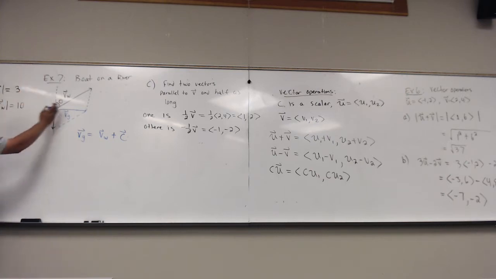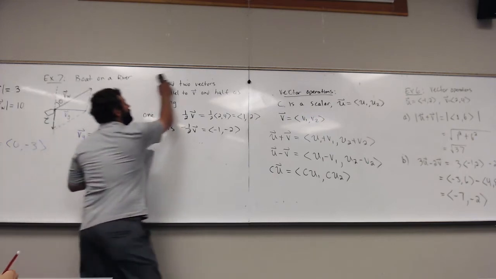Yep, there's no horizontal direction, so the x component is 0. And then what about the y component? The speed is going to be the length of the vector. So the current's going 3 miles per hour, but it's going in the negative direction, so the y component's going to be -3. And then I have to draw a new picture to get the components of VW.